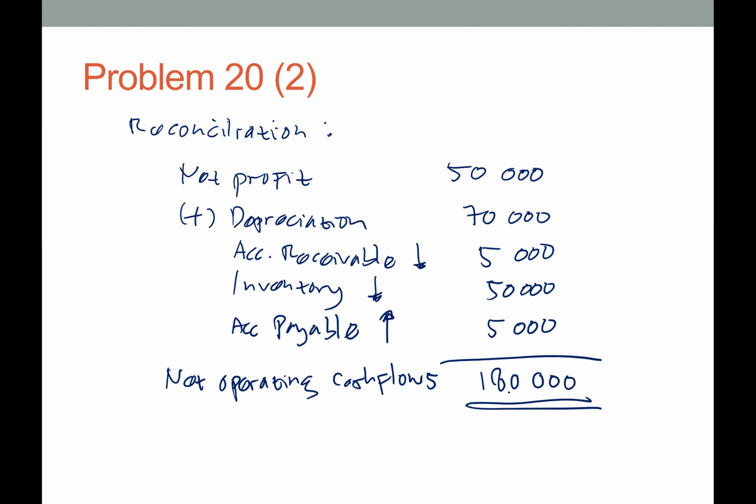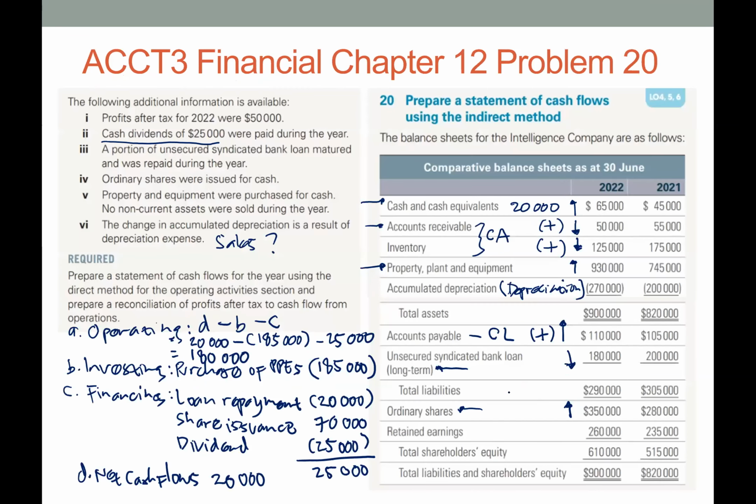Sorry, I just got some questions. In the question there, I think points 3, 4, and 5, what does that mean when we're making the solution for it? Which one? There's additional information, point numbers 3, 4, and 5. Oh, okay. A portion of unsecured syndicated bank loan matured and was repaid during the year.